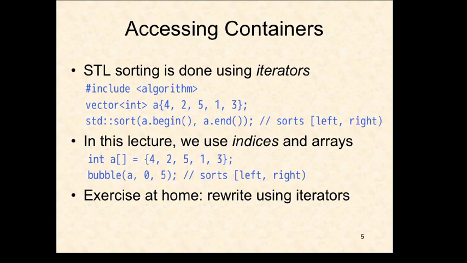Now today we're going to be using indices and arrays. And one thing you could try later on is rewriting these algorithms using iterators. It would be fairly easy to rewrite them assuming a random access iterator, because random access iterators allow the pointer notation, which is things like dereference of iterator plus i, where i is an integer or an index, or we just say it's a number.